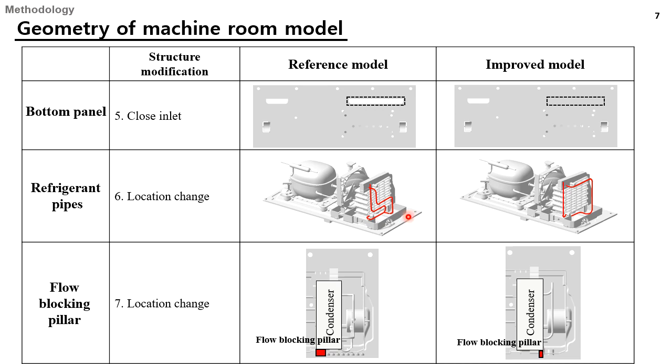Next, we plugged the inlet in the bottom panel. And for the sixth modification, we moved the refrigerant pipes to a location with less flow interference. Finally, we relocated the flow blocking parallel. The reason for each structure modification will be explained in the research results.